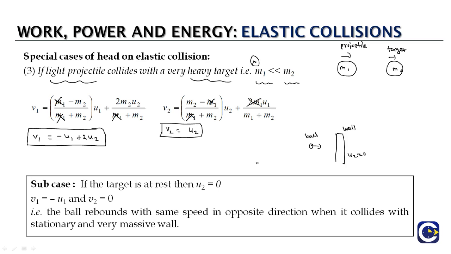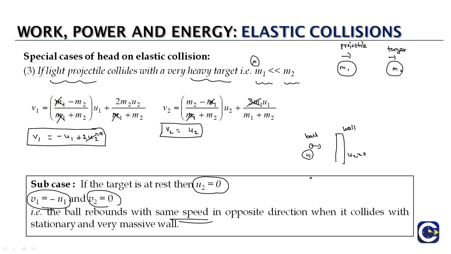If U2 is 0, then in the first formula the velocity of the projectile V1 after the collision will be simply minus U1, and since U2 is equal to 0, V2 also will be equal to 0. What we observe is the ball will be rebounding with the same speed but exactly in the opposite direction. That is the reason the velocity is recorded as negative, and the stationary wall, which is at rest initially, will remain unchanged.